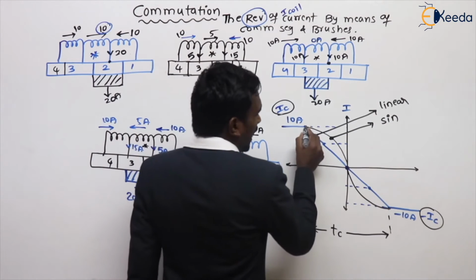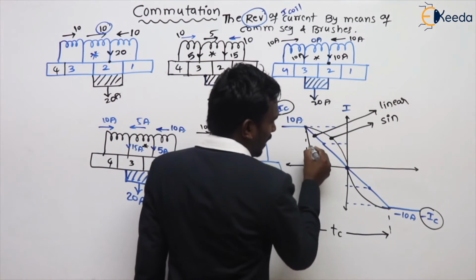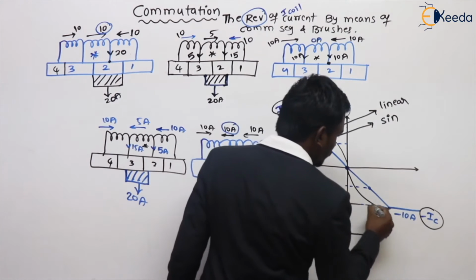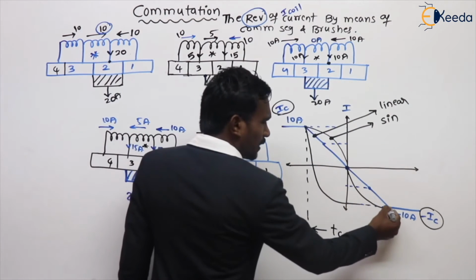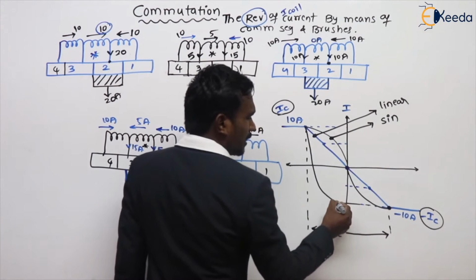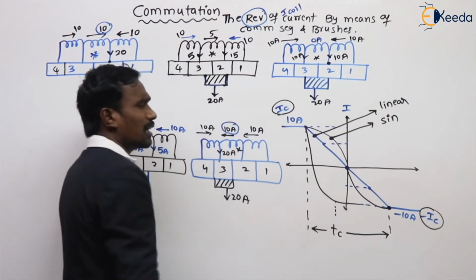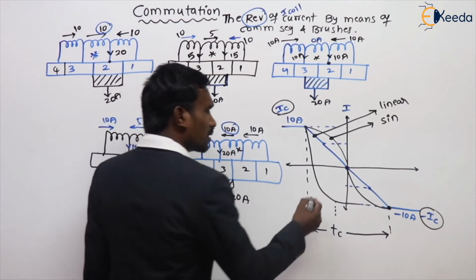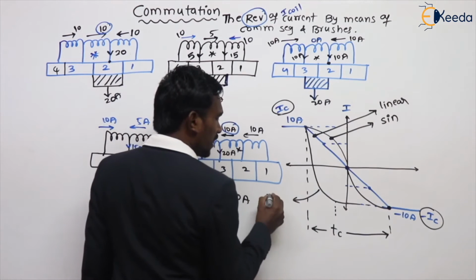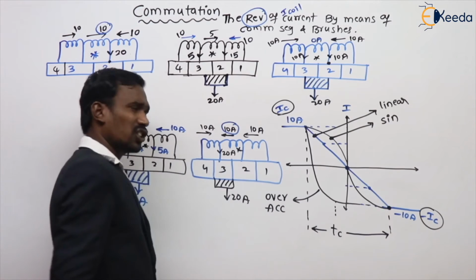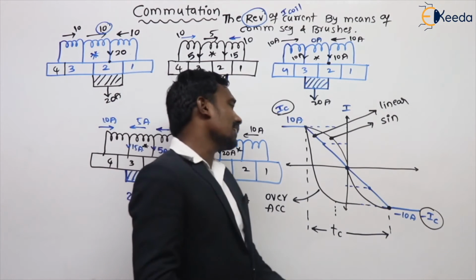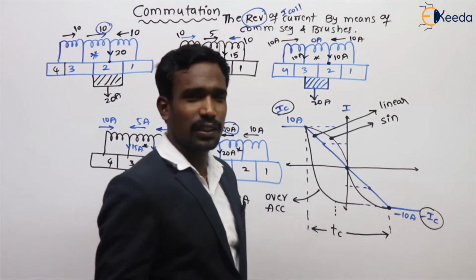For example, if commutation takes place like this, see here, this is the commutation time period, but here it reaches the commutation early. So this is called over commutation or accelerated commutation. Accelerated commutation or over commutation.